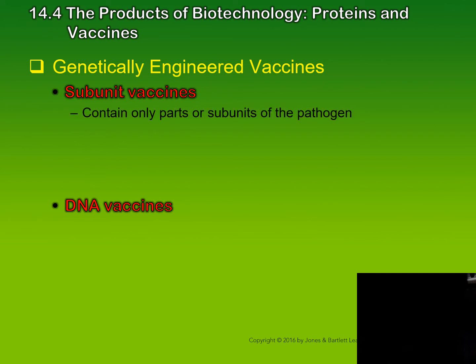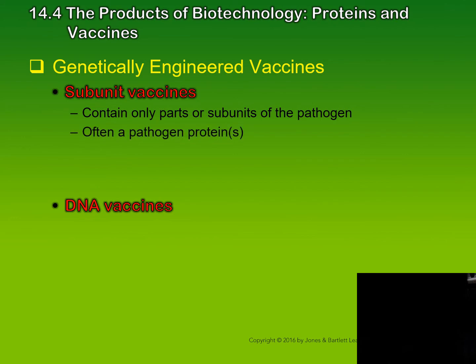Now, if you use a genetically modified vaccine, you can actually just clone one part, one subunit of the vaccine, and use that to mimic the pathogen and not even have the pathogen present.